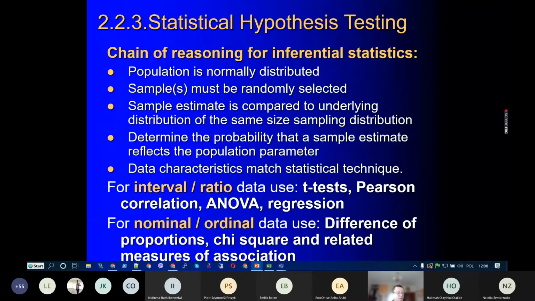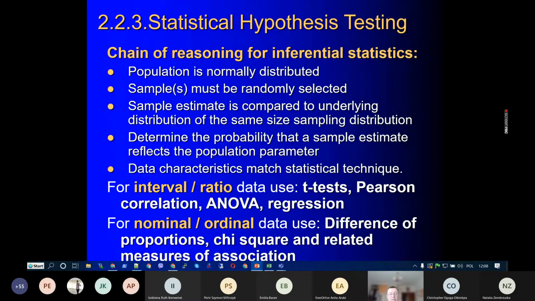Okay, so these are the main steps, or the main chain of reasoning, for inferential statistics. We assume that the population is normally distributed and samples must be randomly selected, and the sample estimate is compared to the underlying sampling distribution, with in mind the probability that the sample estimate reflects the population parameter.